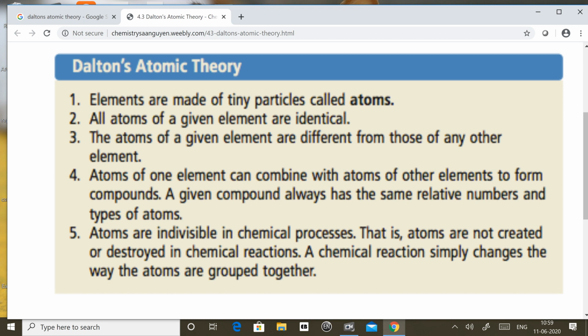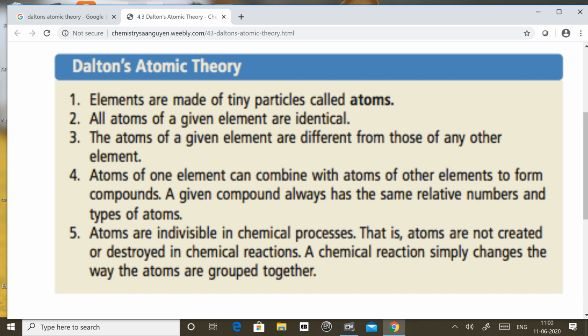Similarly, all atoms of oxygen are the same. Then third point, atoms of a given element are different from those of any other element. That means atoms of hydrogen and oxygen are different. Atoms of carbon and sodium are different.